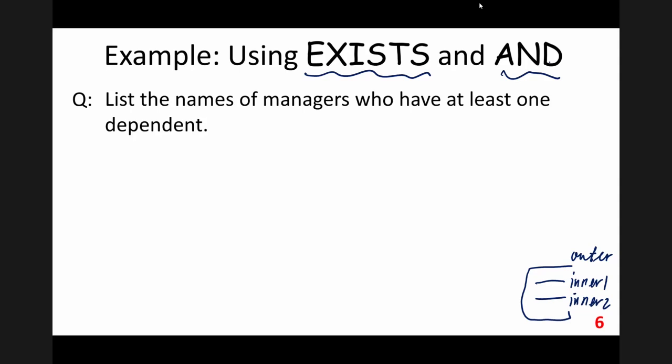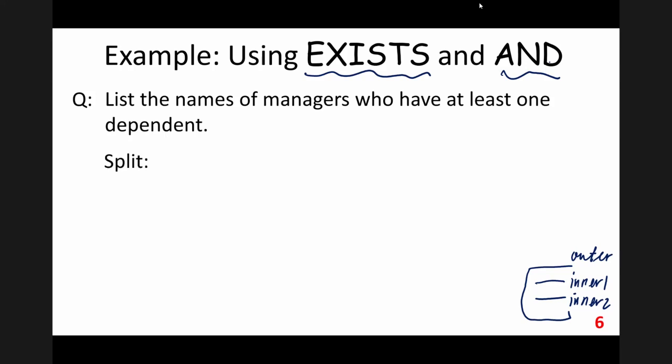Then you get into the inner query. The first inner query, you want to make sure that employee is a department manager. Okay? That's the first inner query. Then the second inner query, that employee should have at least one dependent. How about that? Yeah, that's interesting, right?